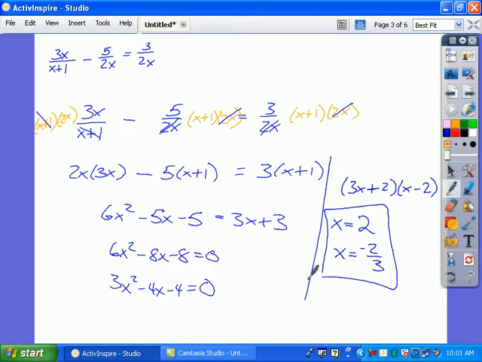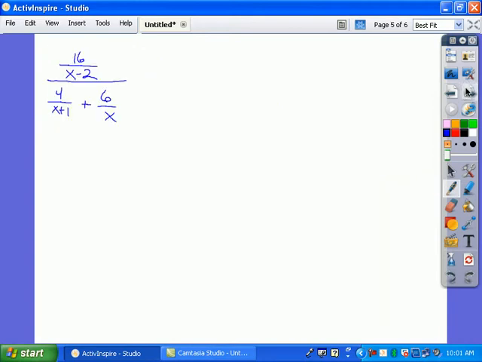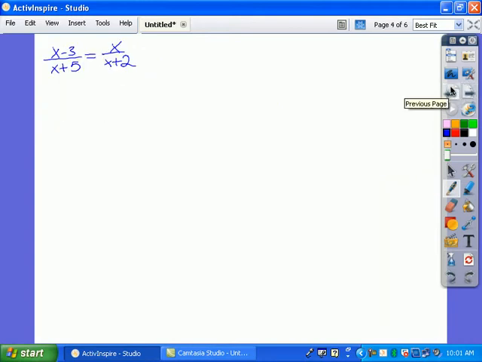All right, next problem. This is a rational equation that is a proportion. How do we solve proportions? We cross multiply. So we get x minus 3 times x plus 2 equals x times x plus 5. So this is x squared minus x minus 6 equals x squared plus 5x.